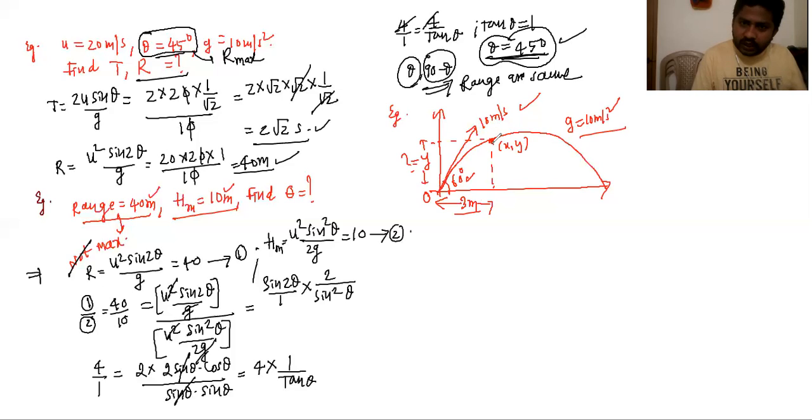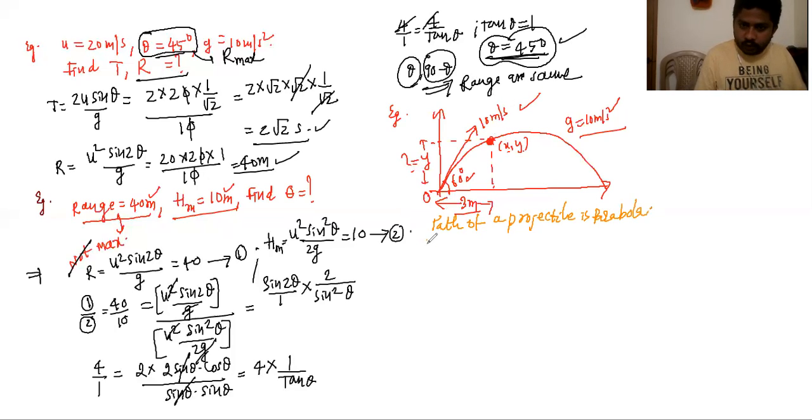We know whenever this kind of question is asked, you can find y and x values by using the concept that the path of a projectile is a parabola. Path of a projectile is what? Parabola.